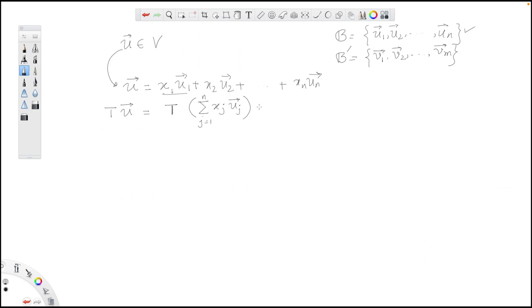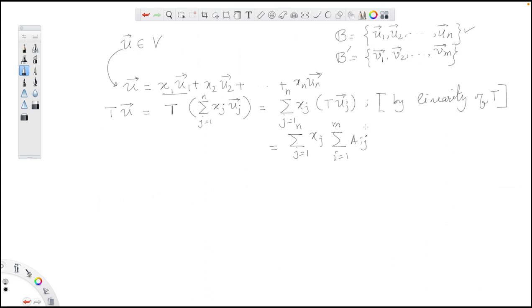Now using the linearity property of T, we can rewrite this as the sum of xj times T of uj, by linearity of T. And we have seen earlier that T of uj is nothing but this expression: sum over i from 1 to m of aij vi vector.